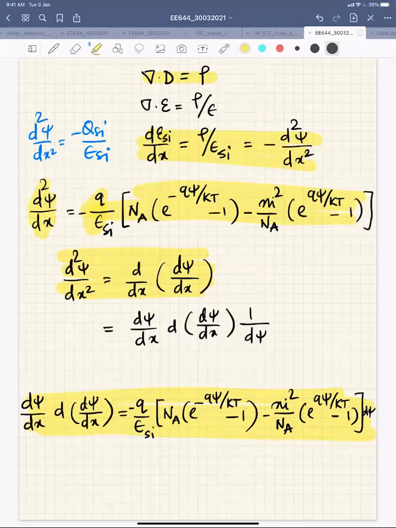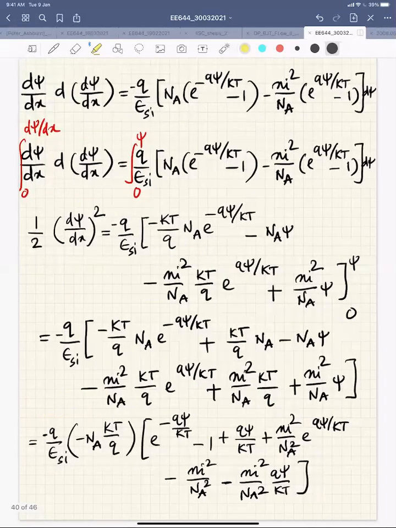If I integrate both the sides, on the left hand side I'll integrate from 0 to d psi by dx, and on the right hand side I'll integrate from 0 to psi. So the left hand side will be half of d psi by dx square. On the right hand side, you could integrate, and you'll get this equation.